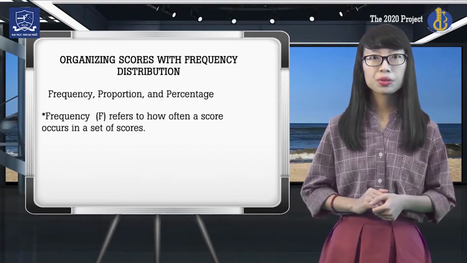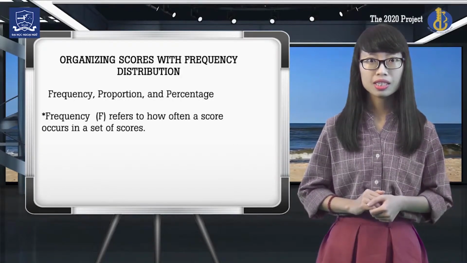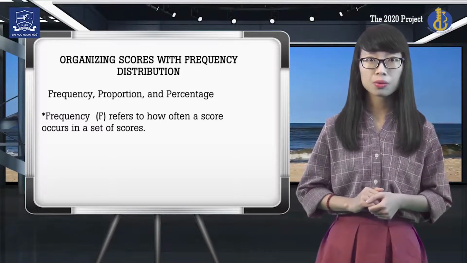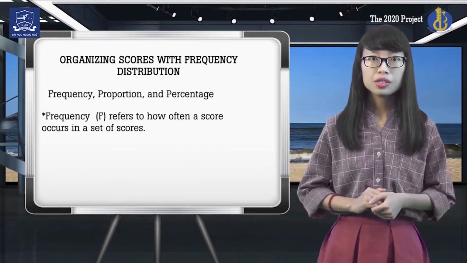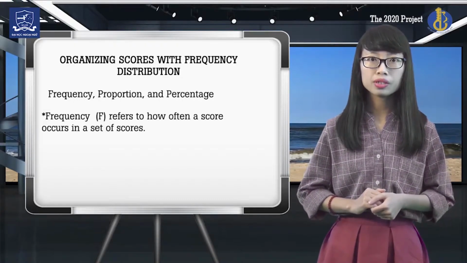Frequency refers to how often a score occurs in a set of scores. In other words, how many students get a particular score. If you have a small set of scores, you can manually count how many times a score appears.